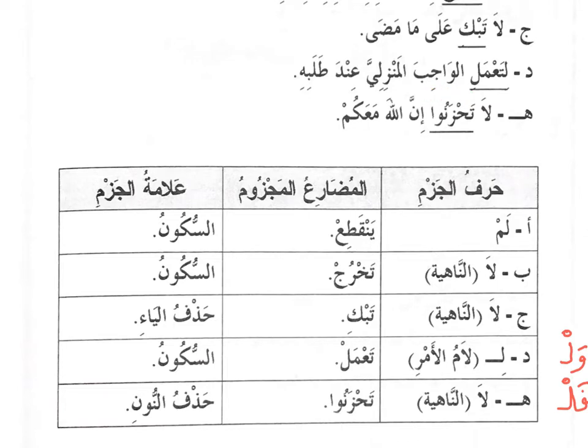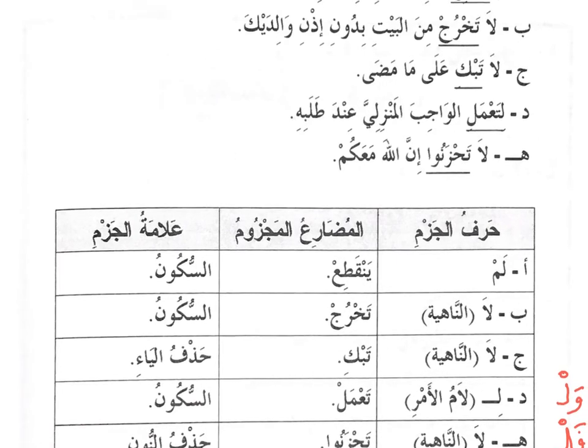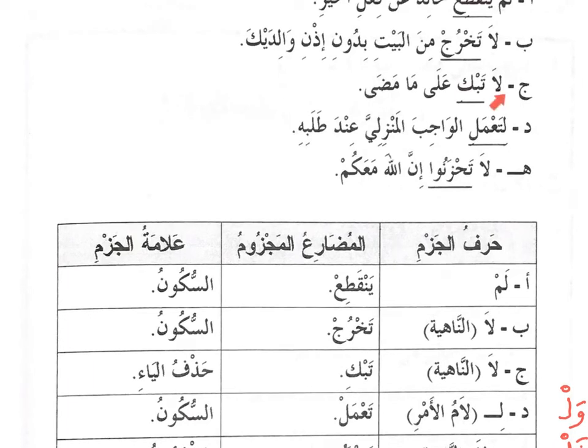Now we look at a different sign, a different alama. We look at al-jumla dal. La tabki ala ma mada. Here we have again la an-nahiya, and the fi'l mudari' is tabki. This fi'l mudari' is ta, ba, kaf, and it ends with a ya.